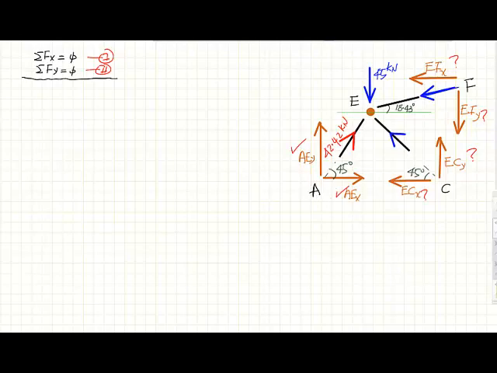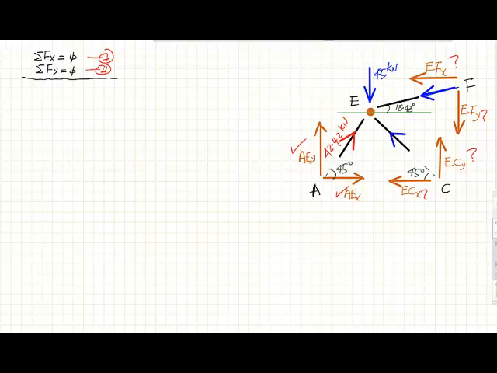So if we say all forces in X direction equal to 0, if we apply that equation, we'll have this be involved, unknown, this will be involved, unknown, and this is known. So we have two unknowns in this equation if we do all forces in X direction equal to 0.